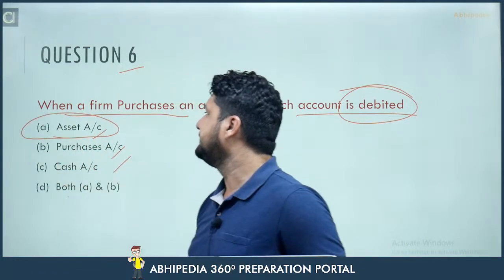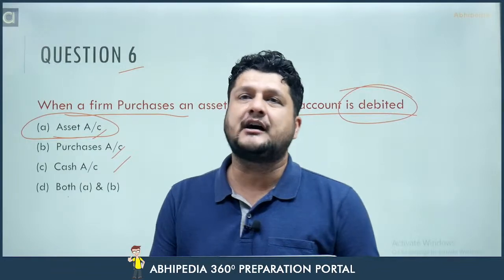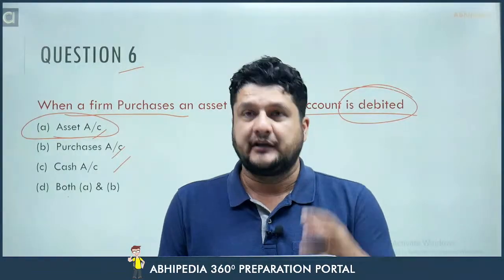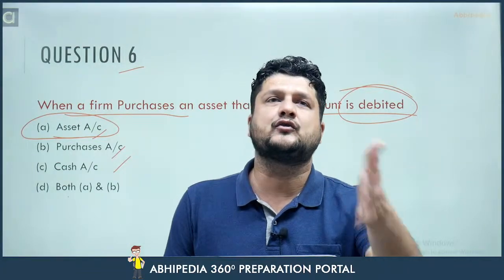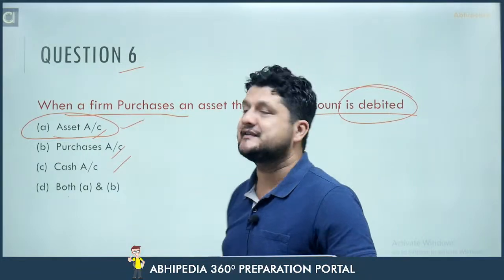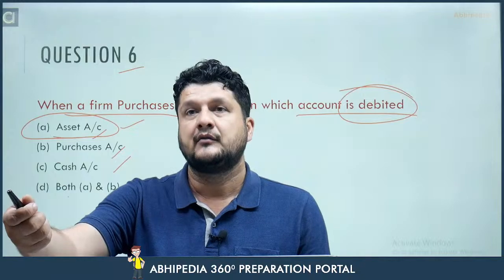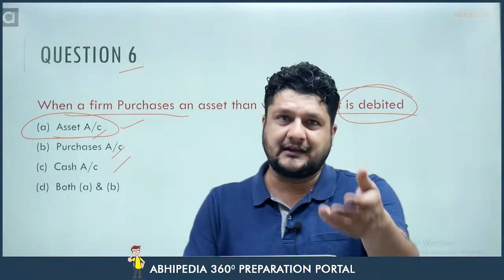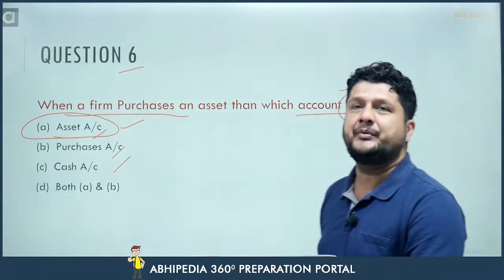Keep this in mind: the asset is in real account, and real account says debit what comes in, credit what goes out. Whatever asset you are purchasing, the asset will come to you, and money will go out. So debit what comes in. I hope it is clear to everyone.